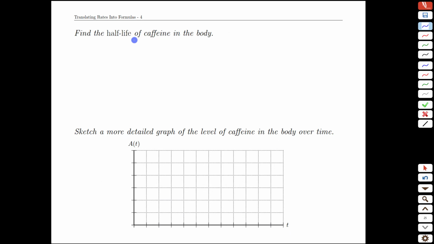For those who are a little bit rusty, the half-life is equal to the time it takes to reduce the caffeine level to 1/2 of the initial amount.